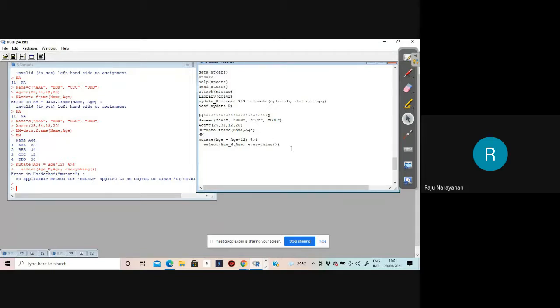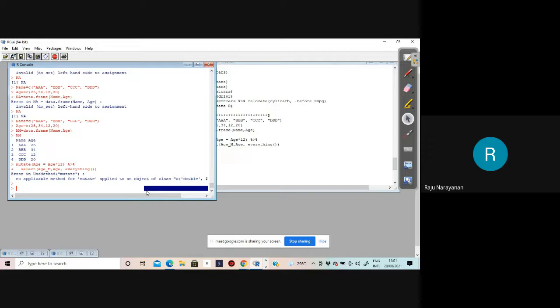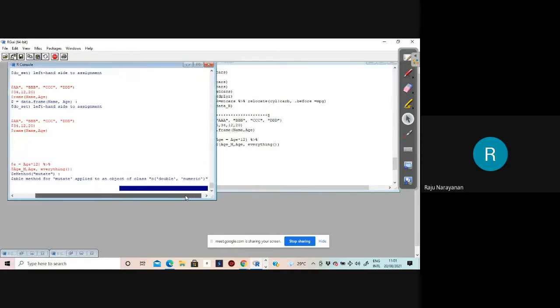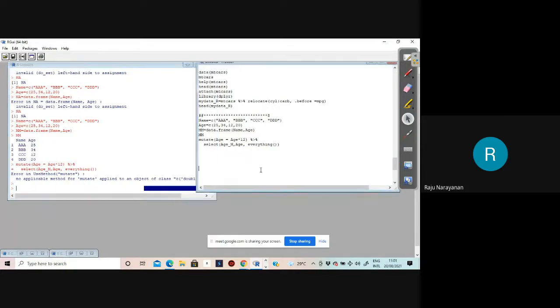That is okay. Error in UseMethod. Mutate spelling is correct. No applicable method for mutate applied to an object of class c double numeric. Okay, age into 12.